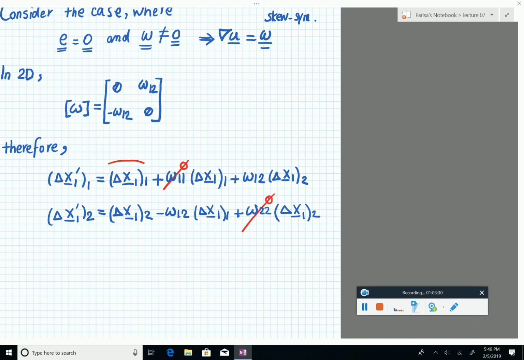How much is delta x1, 1? Think about that little square, or look at it if you have it in your notes. L, right? How much is delta x1, 2? In reference to the square that I drew a few slides ago. 0, right?